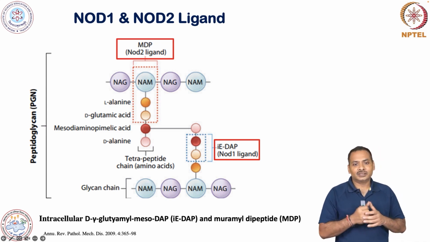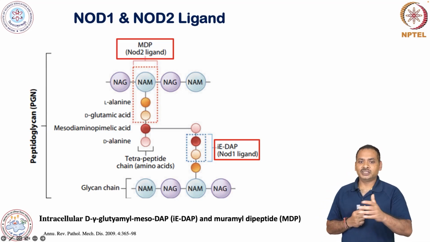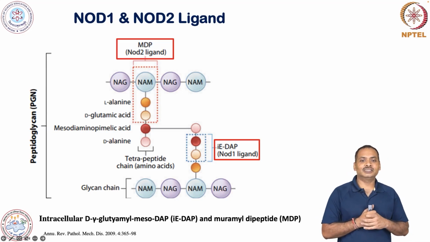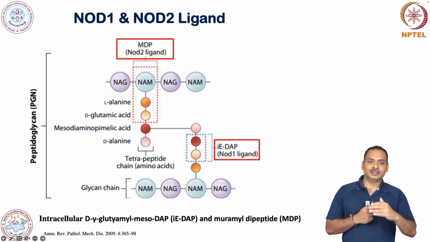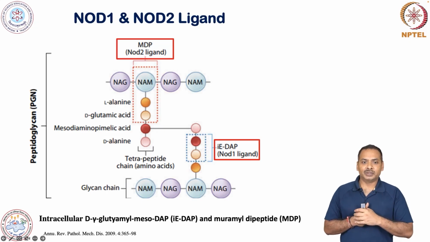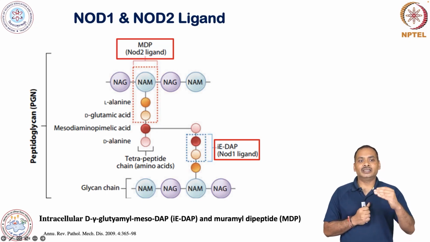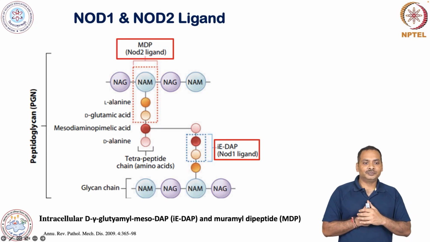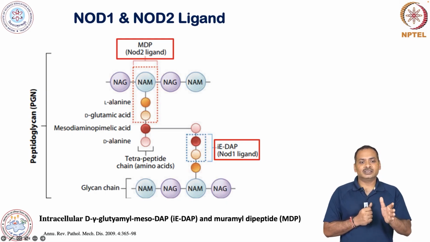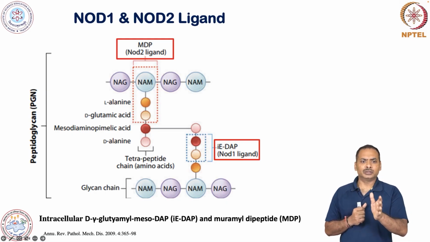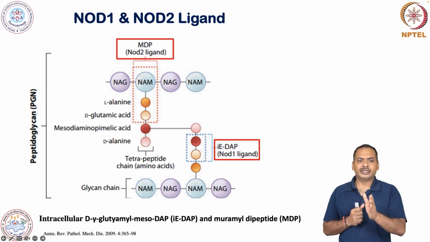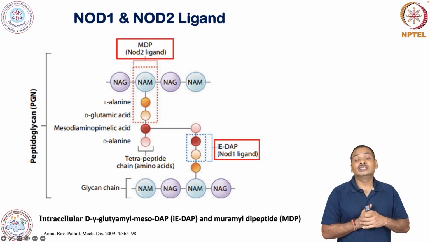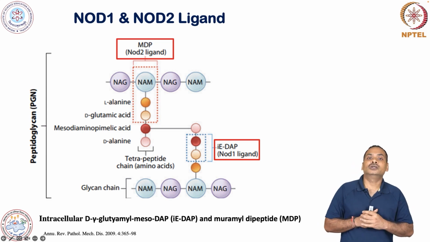There is another component. If you see below, there is diaminopimelic acid and D-glutamic acid. This D-gamma-glutamyl-meso-diaminopimelic acid is iE-DAP, and this is a ligand for NOD1.